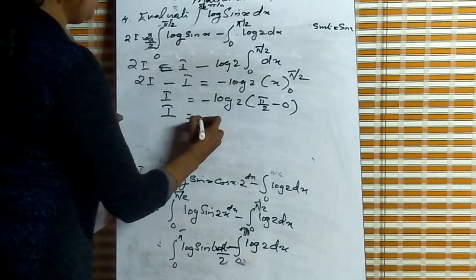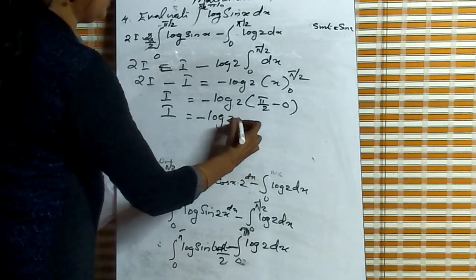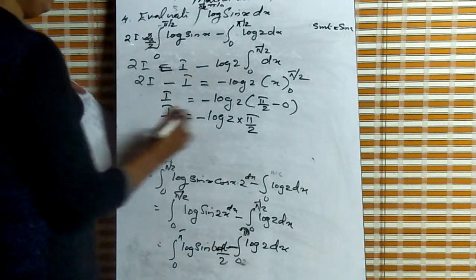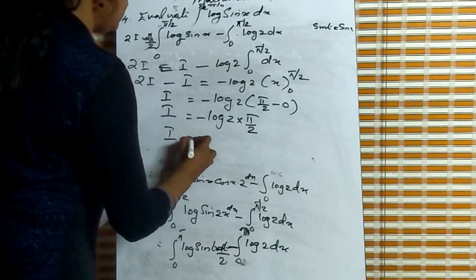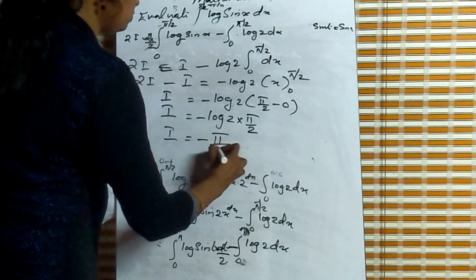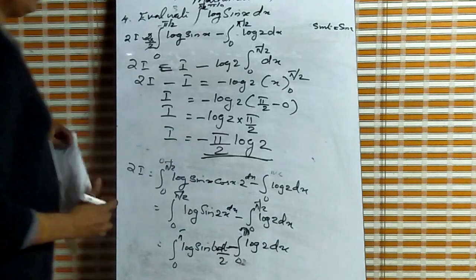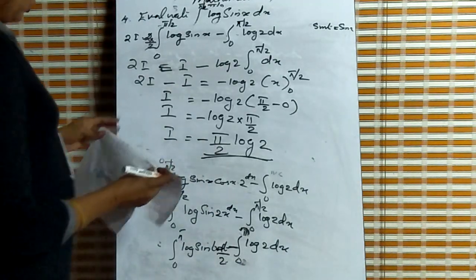I is equal to minus log 2 into pi by 2. I equals minus pi by 2 log 2.